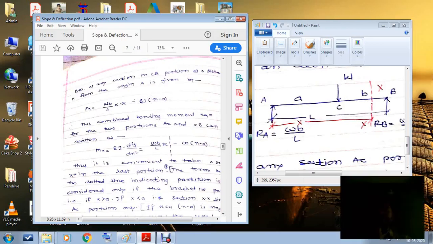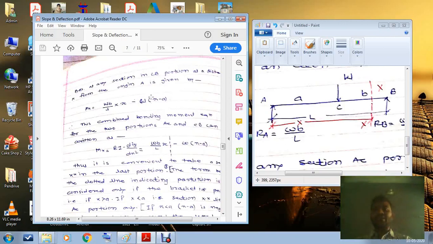Now this equation is considered the governing equation, which is valid to calculate the bending moment at any point. Next, let us integrate it.